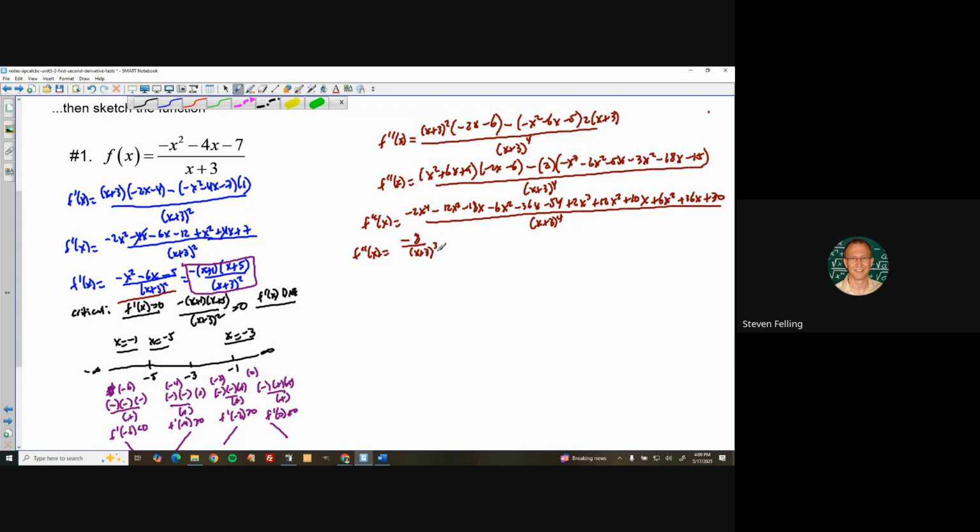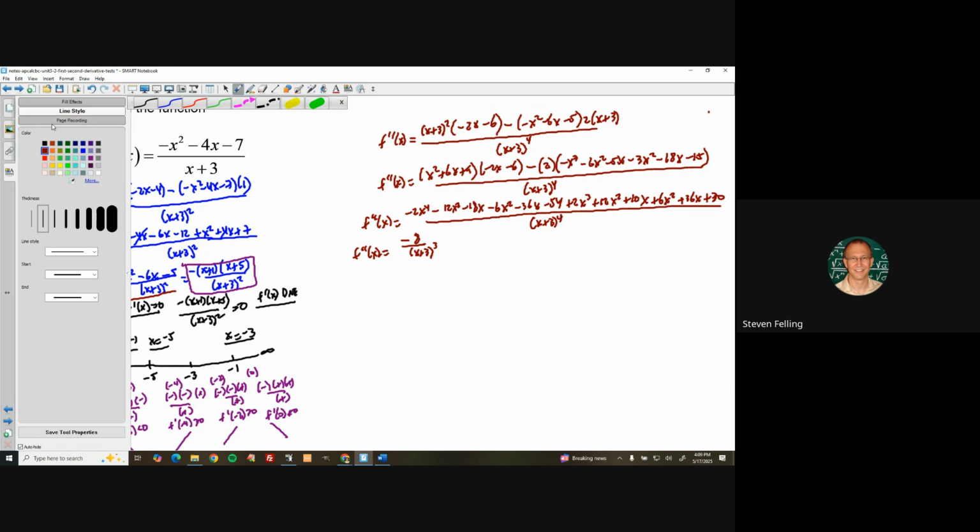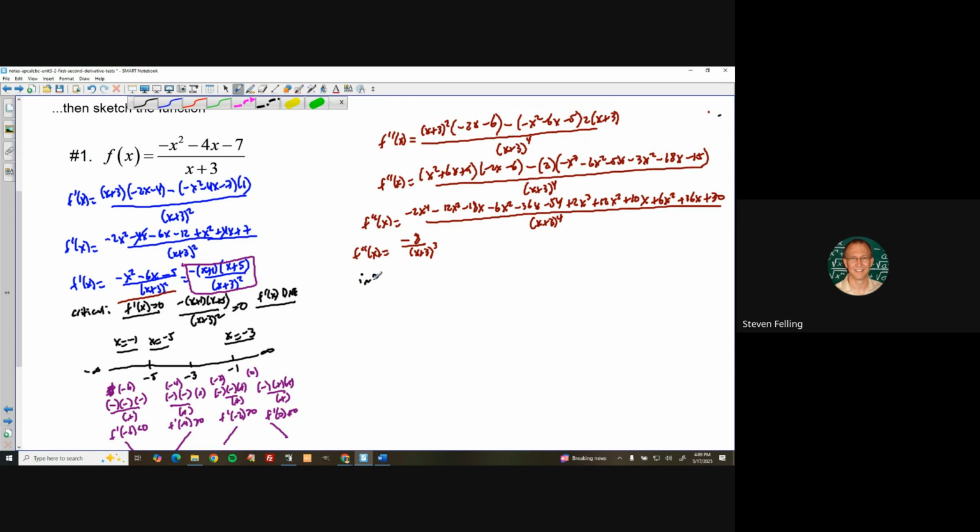Okay. So now, we're going to do the same thing we did over here, where we find something like the critical points, but now these are called inflection points. I'll change colors here. Okay, to find the inflection values, we're looking for places where the second derivative is 0, or the second derivative does not exist.